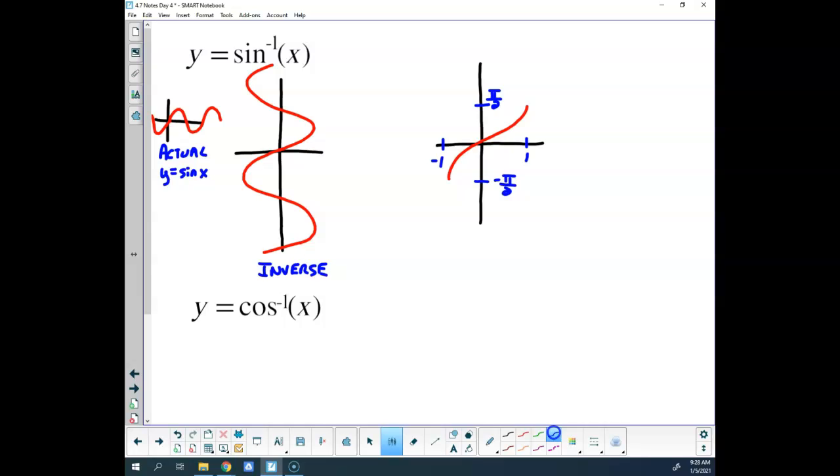Which we basically said was the right side of the unit circle.